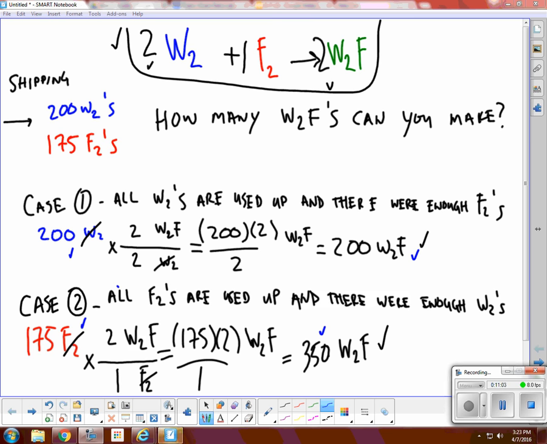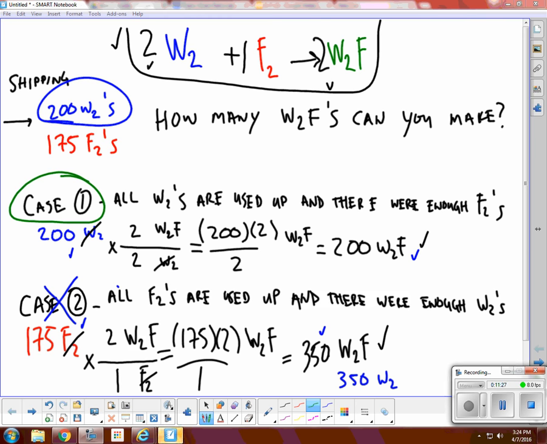Here's the problem. Case 2 can't happen because it would require 350 wheel packs. We only got 200 wheel packs in our shipment. So that means that case 1 is more realistic.